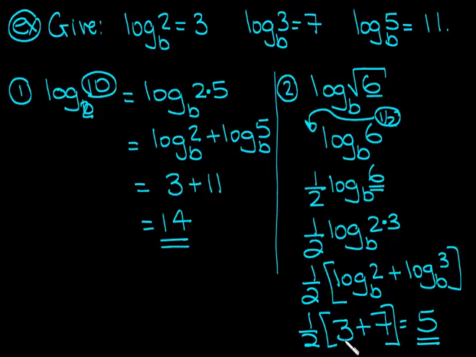Okay, here's another example, same thing. So these are really nice problems that test your knowledge on how to use the log properties. Okay, how about this? If I have log base b of 15 divided by 12.